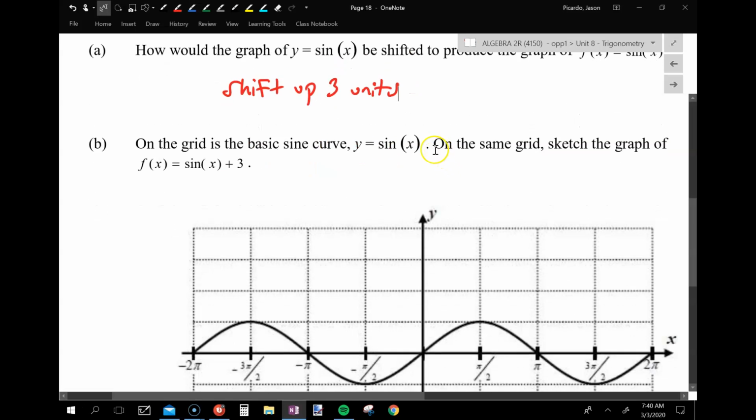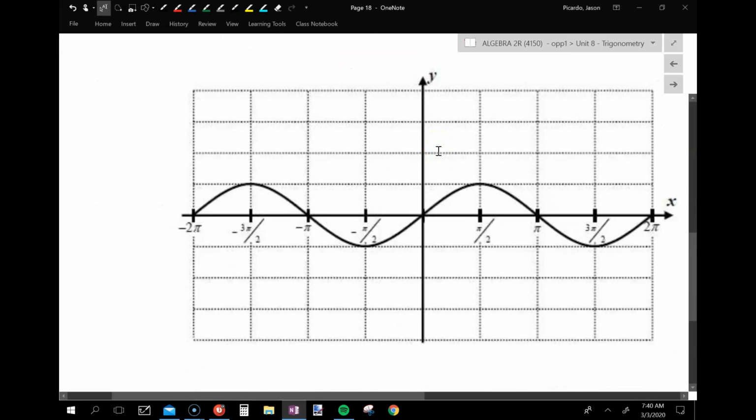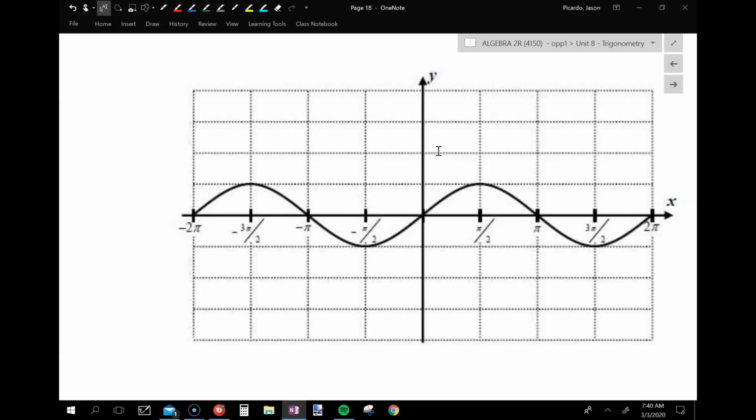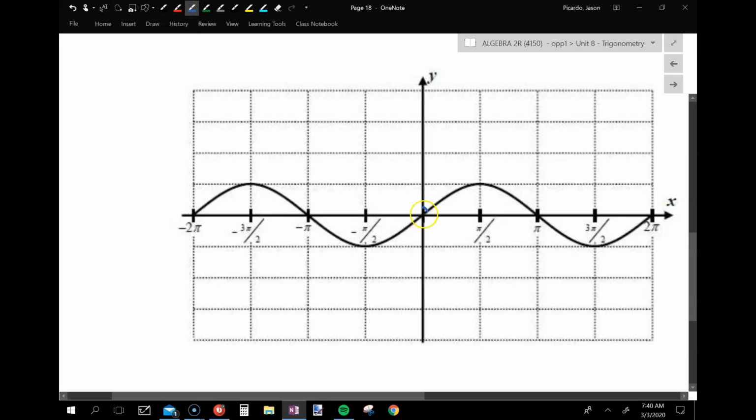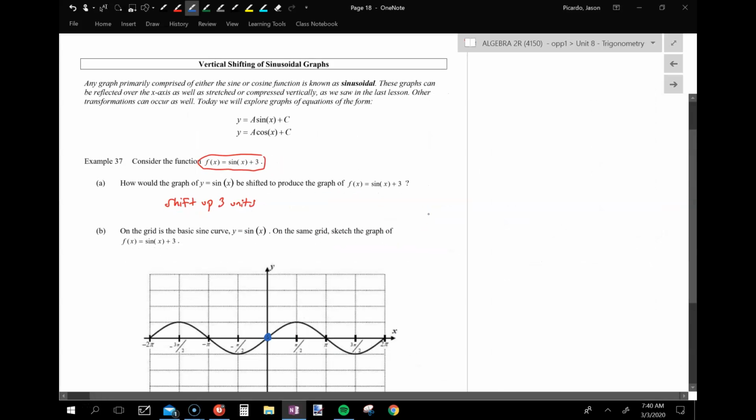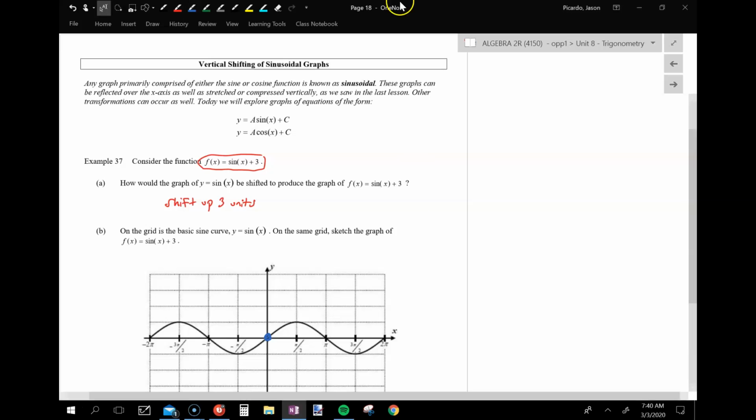Now, what I'm going to do is take a look at this sine curve, right? Everybody agrees this is a sine curve. I gave you guys a hint to remember whether this is a sine or a cosine curve. Always look at the origin, right? If it goes through the origin, typically sine.